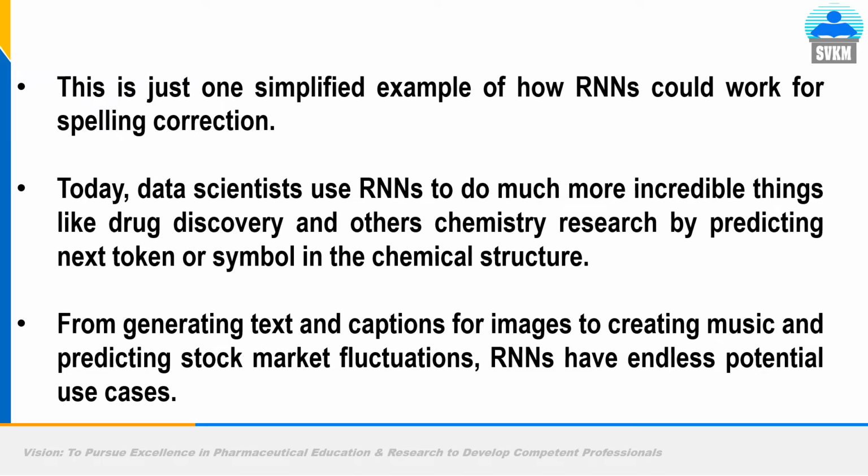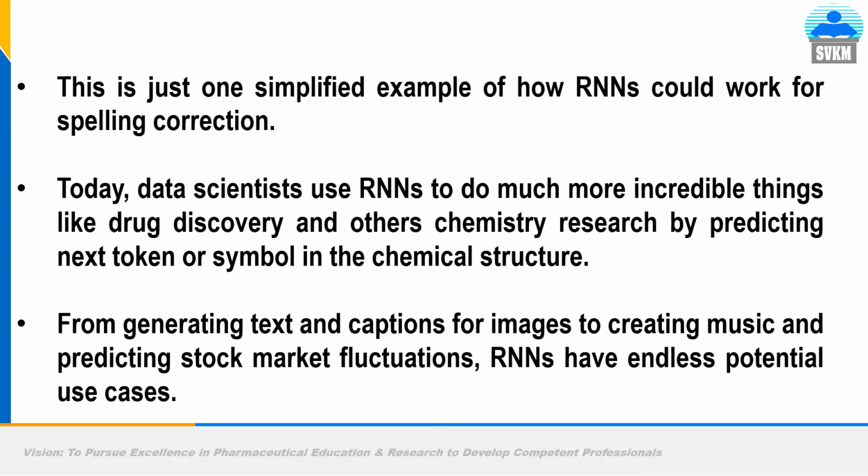The same is possible for corrections in SMILES strings, when there is a generative type of machine learning model which generates, in a de novo fashion, different types of molecular structures of drugs. Today, data scientists use RNNs to do much more incredible things like drug discovery and others.